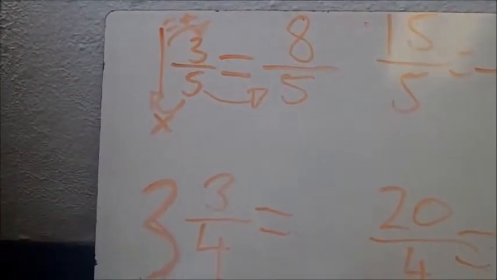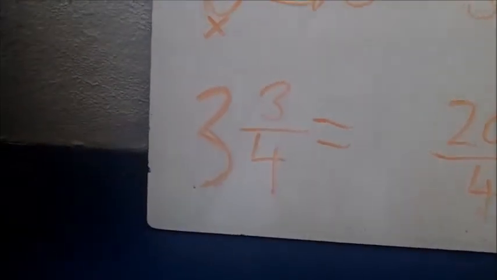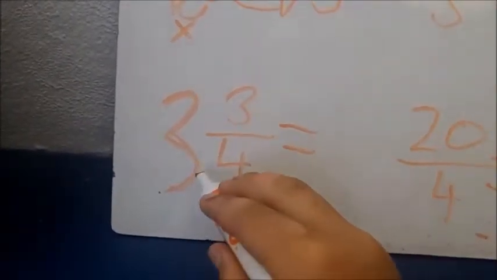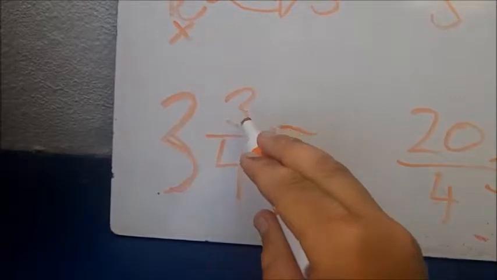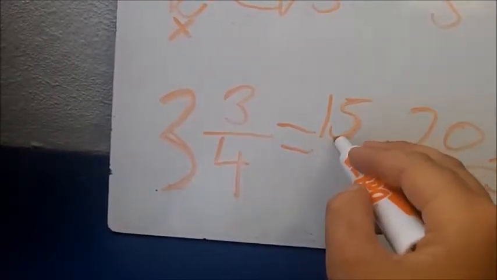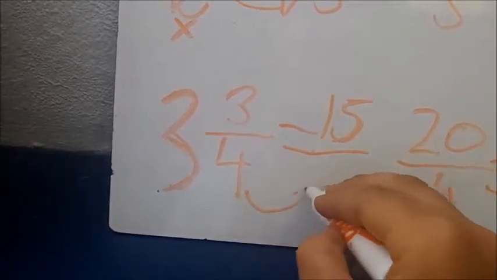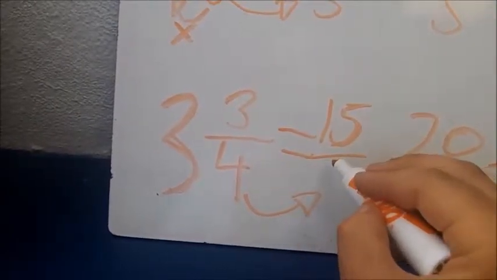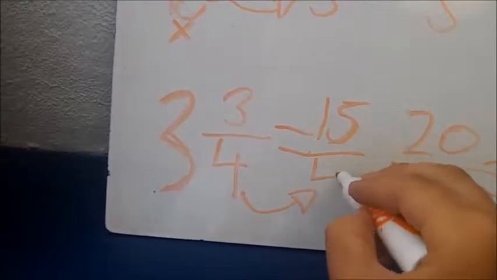Then let's go to the next one, 3 and 3/4. We would do 4 times 3, 12, plus 3 which would be 15, and the bottom would stay the same. Now it's an improper fraction.